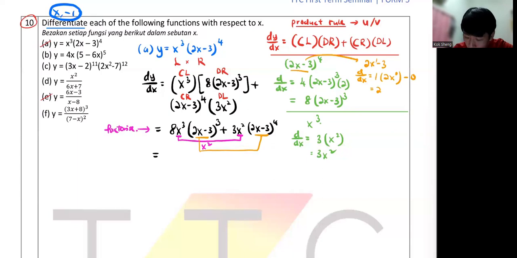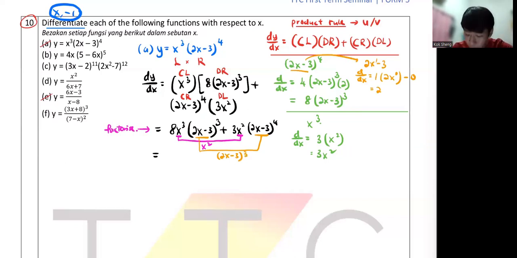The bracket, one you have power 3, one you have power 4. So maximum we can factorize power 3. If you make it 4, then this one is not enough. So for this part, we just factorize power 3.